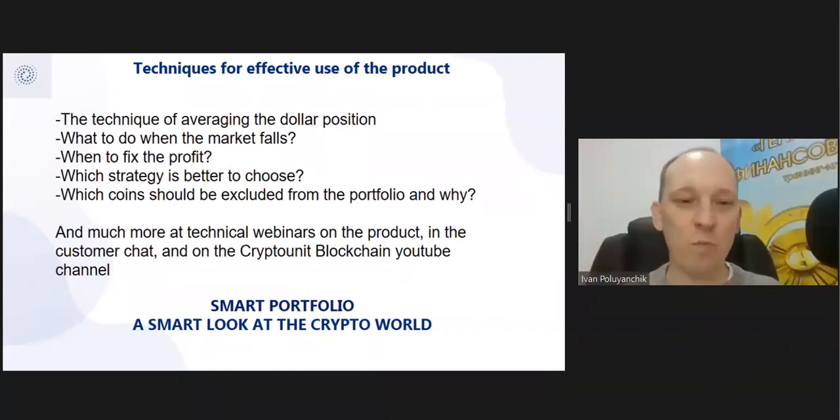There is the averaging method, when and what to buy, which part to sell and buy, the tokens you may exclude, what to do when the market falls, when to take your profits, which coins would be better excluded from the portfolio. All this is discussed at our webinars and in our chats created for the users of this product.